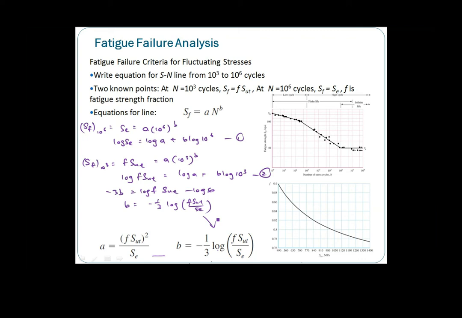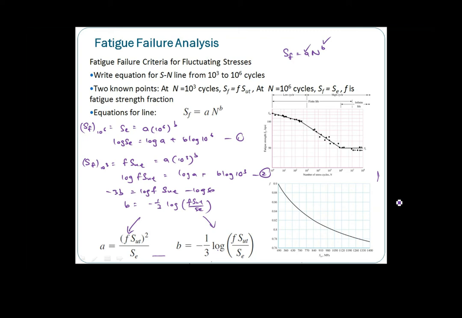Then at the same time, if I have B, I can find my A. Substituting into equation 1 or equation 2, we get A equals f Sut squared over Se. So the SN curve itself is defined by A and B. If A and B are known from the endurance limit, the ultimate strength and the fatigue strength fraction, then I can find my A and B.